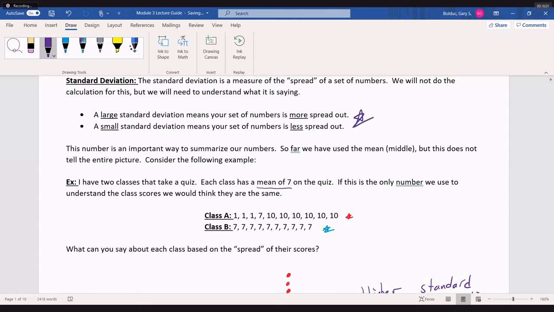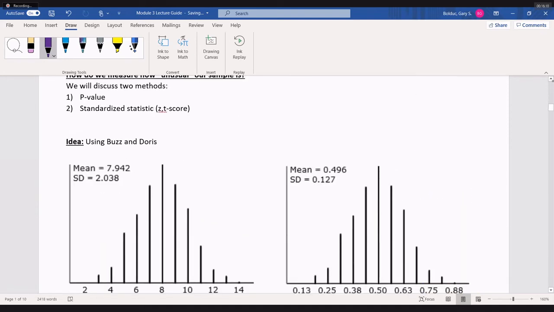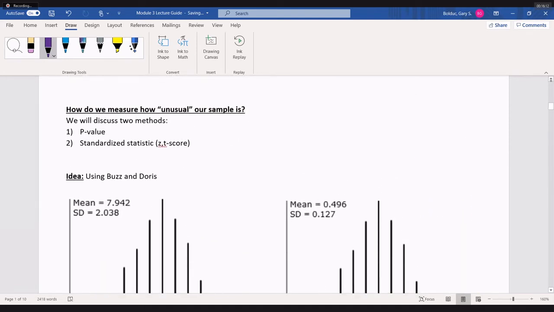Smaller number, less spread. Okay, so I also promised you, finally, us talking about how we are going to call a statistic usual or unusual. So, just to remind you again, what are we talking about here?